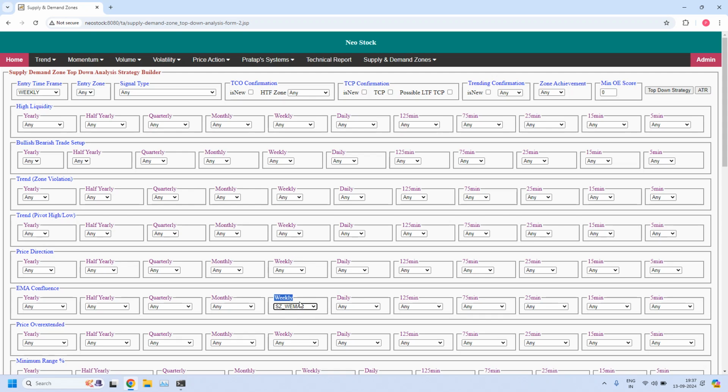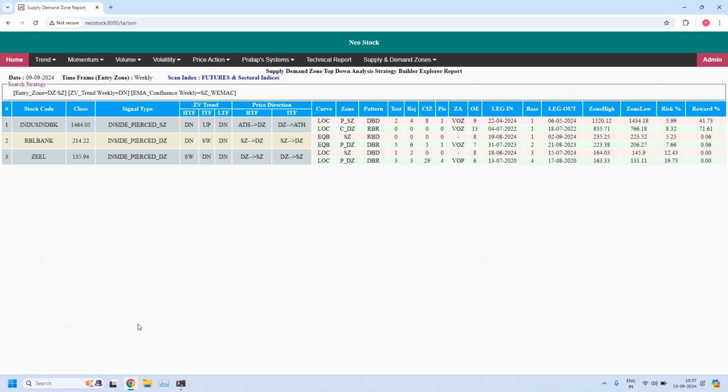Apart from that, let us also look for how many of these stocks are having downtrend. So in the zone violation trend, weekly time frame, I am selecting the trend as downtrend because for supply zones, downtrend makes sense. So let us filter. Only 3 stocks are filtered. Because the list is very small, we don't look for swing high-low trend.